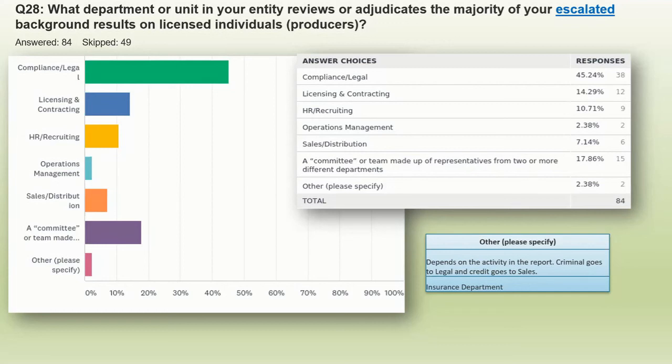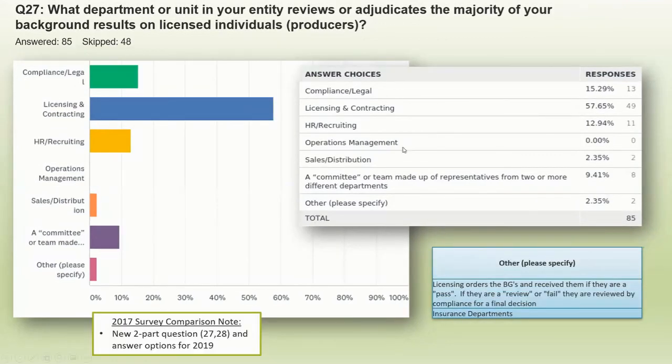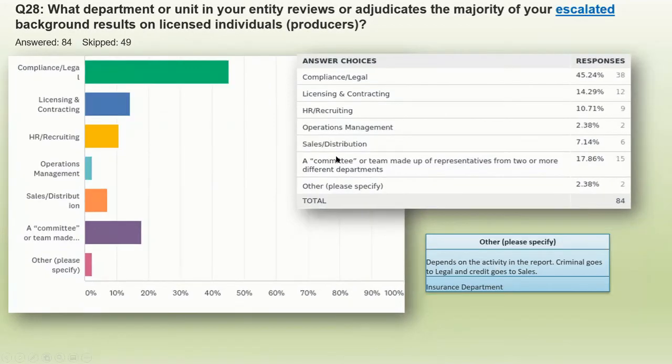Compliance and legal, again, ran away with most of the escalated stuff. Licensing, contracting is in there, as well as a committee. And then operations management, in some cases, two respondents stated that operations management will handle that, versus the previous slide, just flipping back to that, where operations management is not evaluating initial background checks on producers, based off of what we're seeing here.